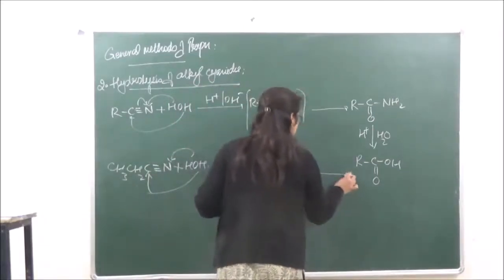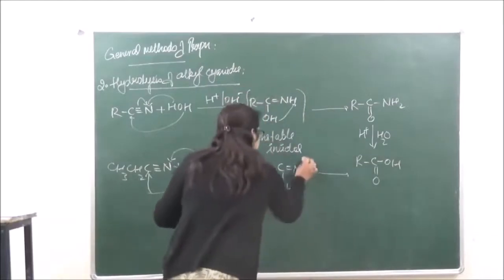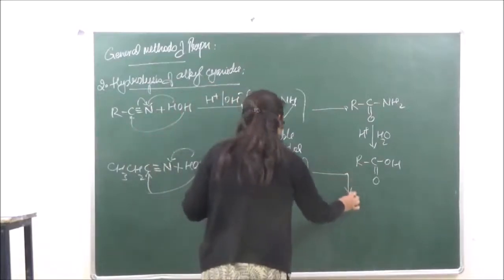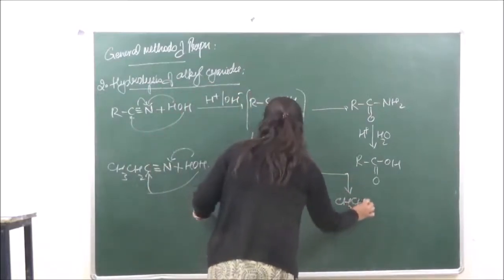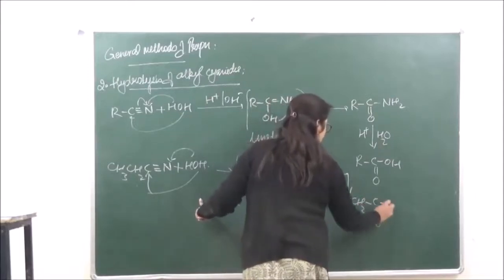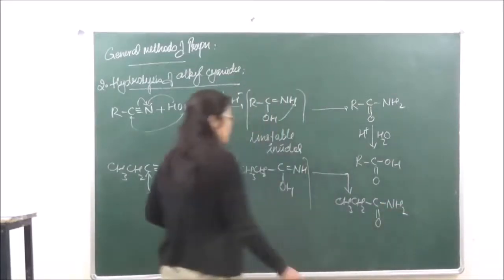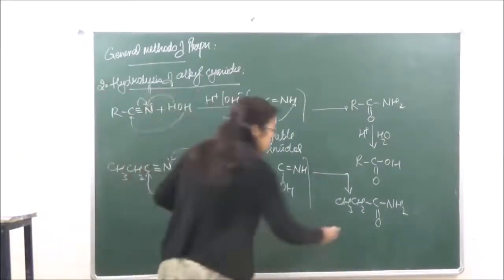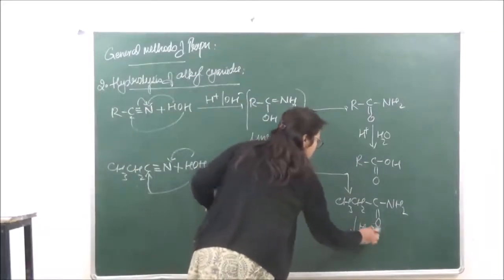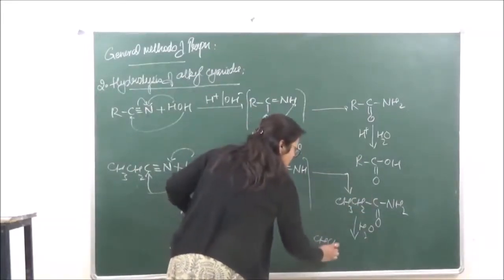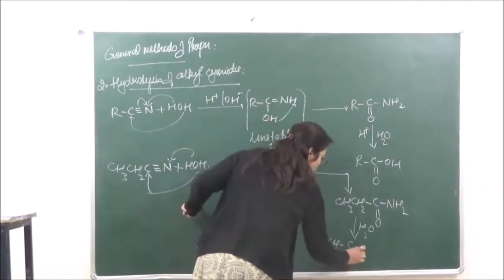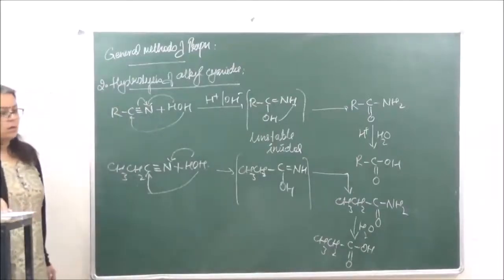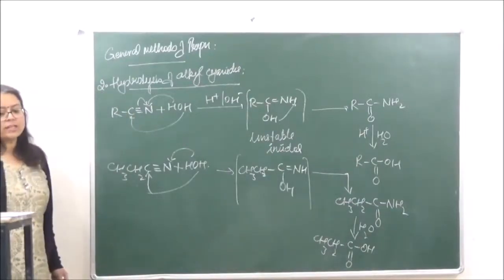Now, after that, rearrangement of this is going to take place to give us the respective amide. So we have CH3CH2C double bond O and NH2. Right? And the hydrolysis of this is going to give us an acid, CH3CH2C double bond O and OH. Okay, so this is the reaction.